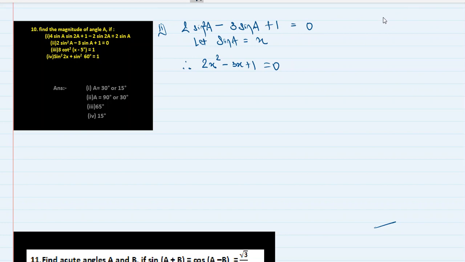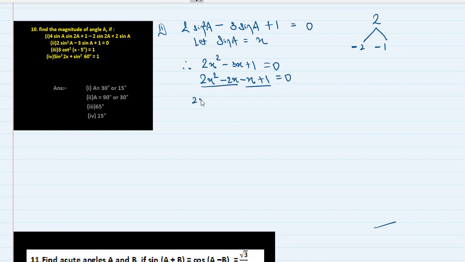That means 2 ones are 2. That's the factor of 2. And I want minus 3. So I'll put minus 2 and minus 1 over here. So minus 2 times minus 1 is plus 2. Minus 2 minus 1 is minus 3. 2x square minus 2x minus x plus 1 is 0.